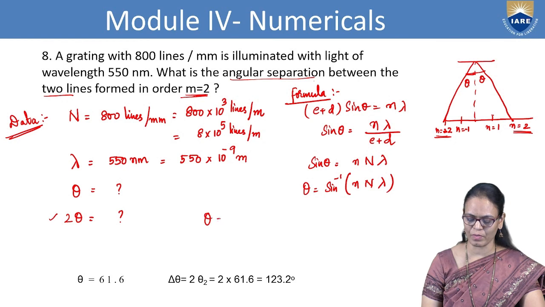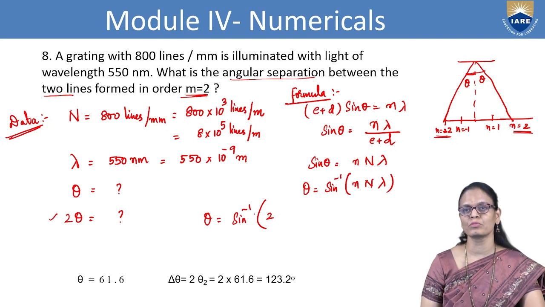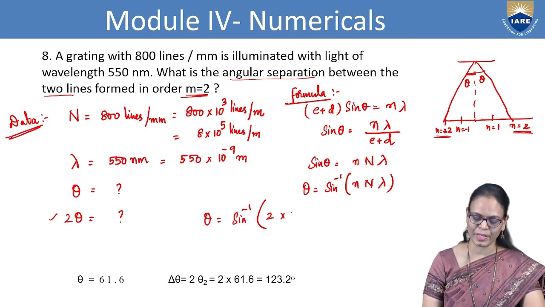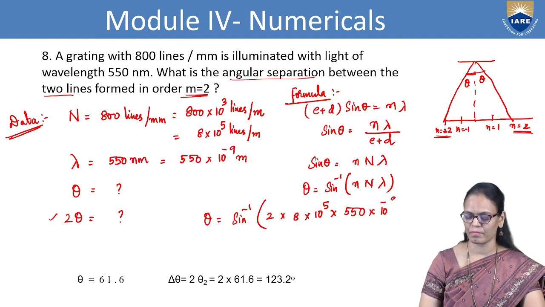So theta will be equal to sin inverse. Small n we are finding for the second order, 2 into capital N, 8 into 10 power 5 lines per meter we got, into lambda 550 into 10 power minus 9. So this gives us theta is equal to 61.6 degree.